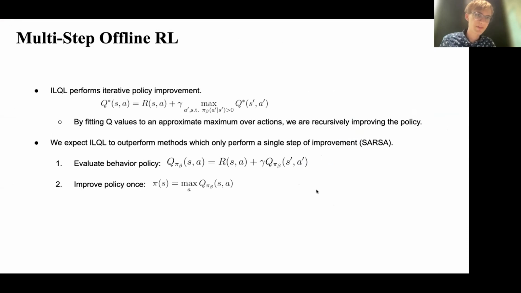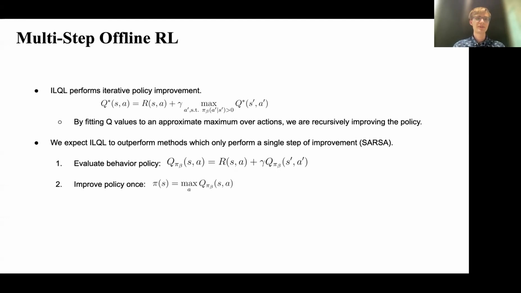So we have this ILQL method, and as a first check, ideally the method is straightforward to tune, and it's got powerful optimization over a dataset. So we want to verify this second bit by testing it in a setting where we can really control things.